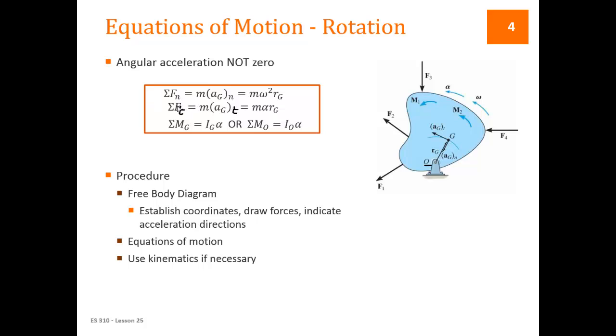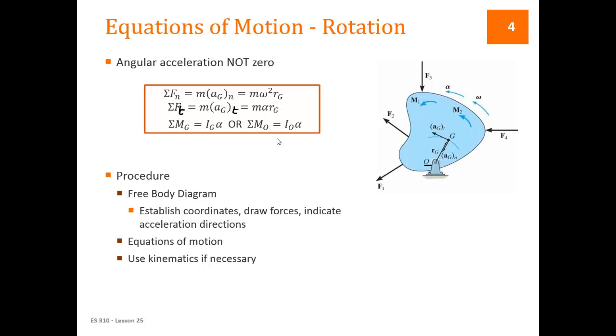And so we have the normal forces being equal to mass times the acceleration in the normal direction, which is omega squared times r, and the tangential forces being equal to the mass times the tangential acceleration, which is alpha times r. We also once again have the moments around G being equal to I_G, which is the moment of inertia times alpha, or around the fixed point, the sum of the moments is equal to I_O, the moment of inertia around the fixed point, times alpha.